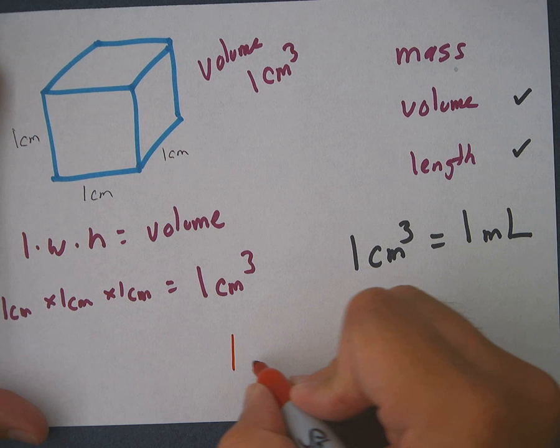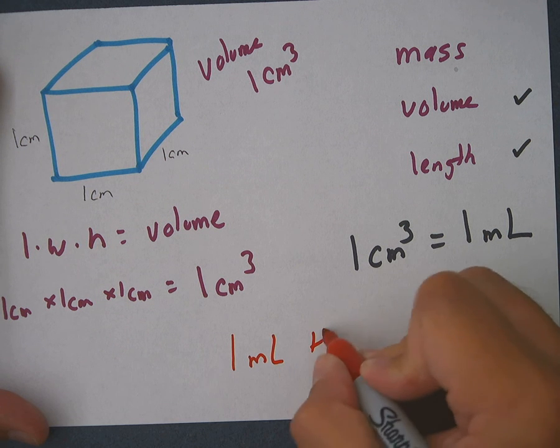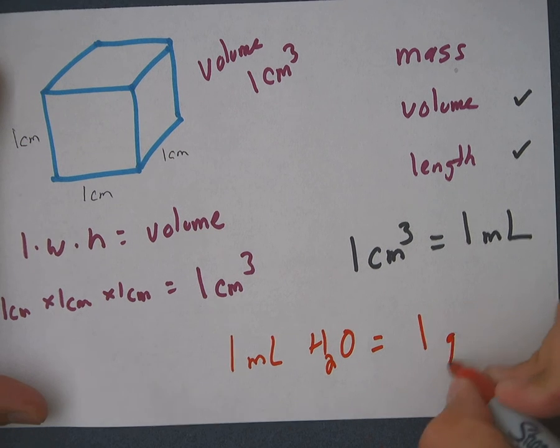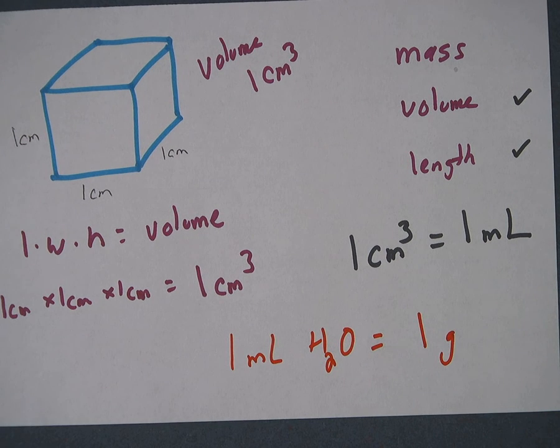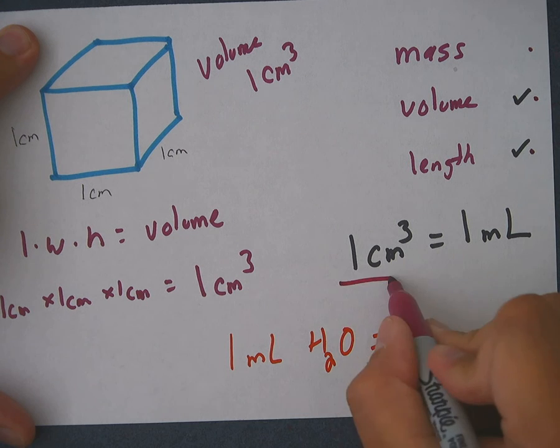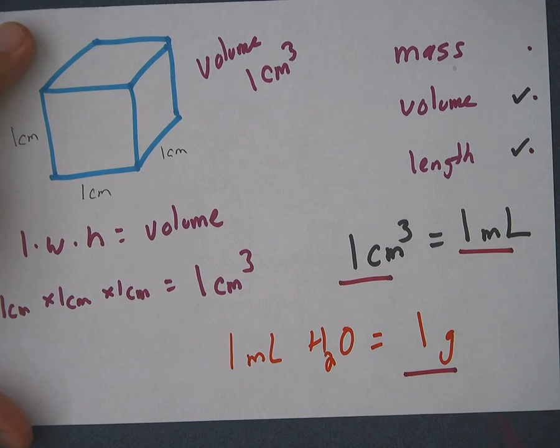If you have 1 milliliter of pure water, that became the definition of 1 gram. So now we have a connection between length, volume, and mass. That's a 1 to 1 to 1 ratio.